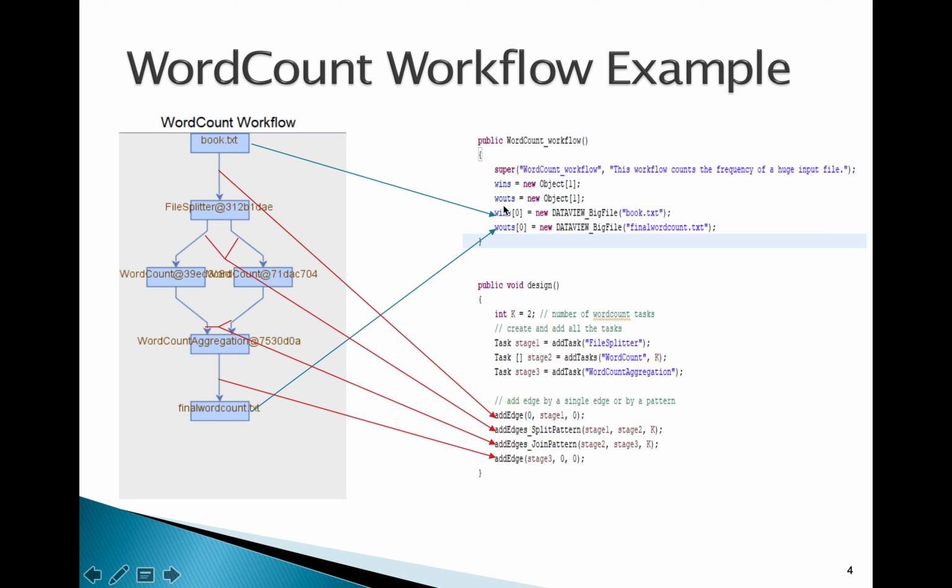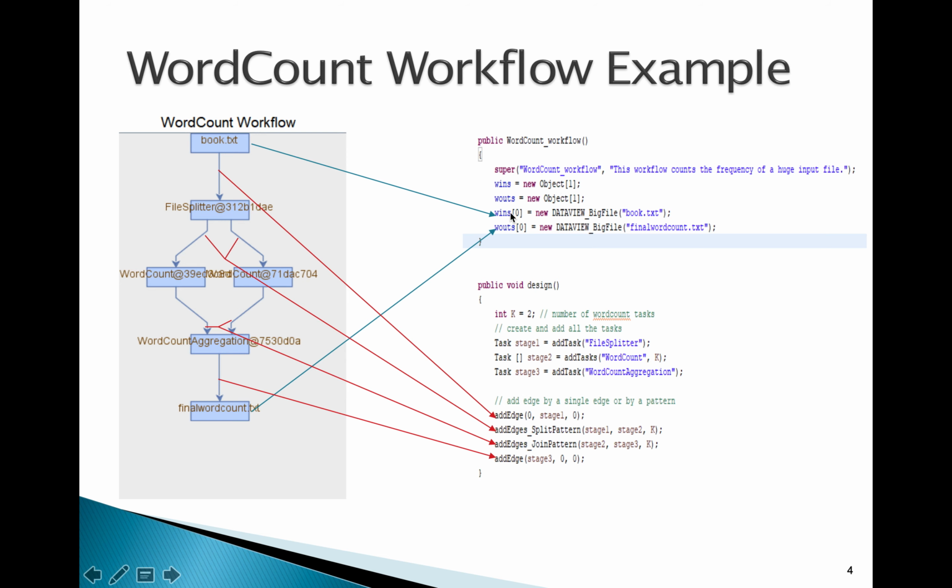The right side is the source code of this word count workflow. As you can see here, in the constructor part, we have the super call, giving the workflow name and workflow description, and we define the workflow input and workflow output.